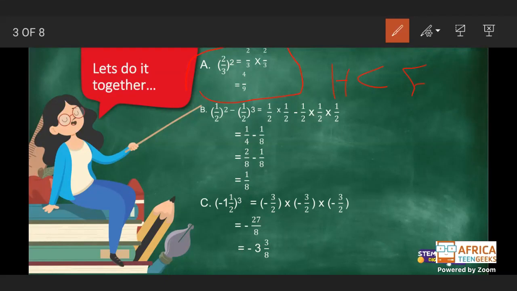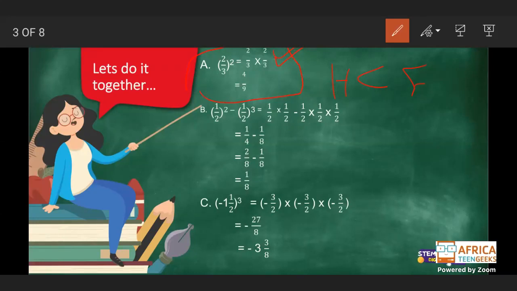So here, obviously, we'll have 2 multiplied by 2. There we go. And then we'll have 3 multiplied by 3. There we go. And that's our proper fraction. We can't simplify it any further. And we do simplify our improper fractions to mixed fractions. And you know, a mixed fraction is our whole number and our proper fraction, right?